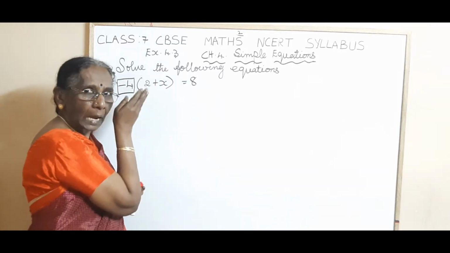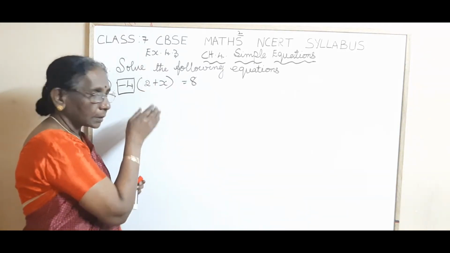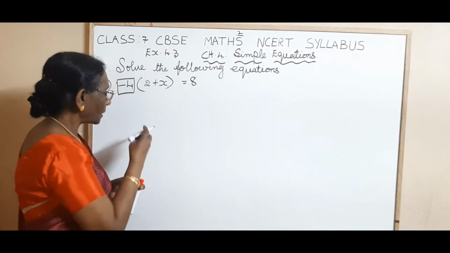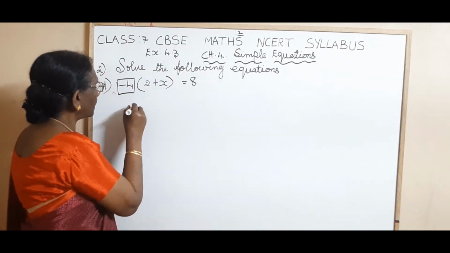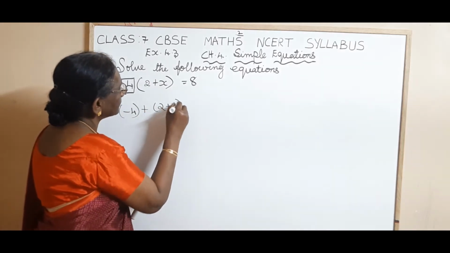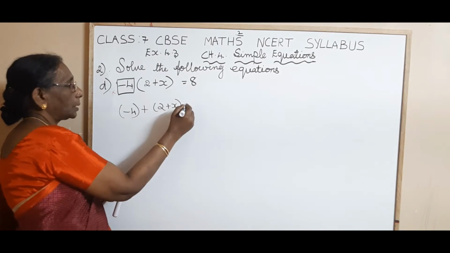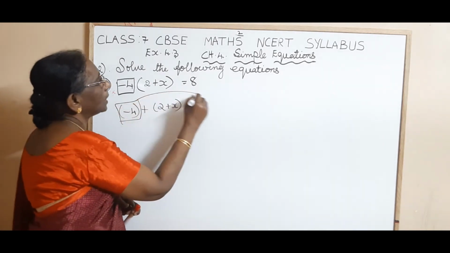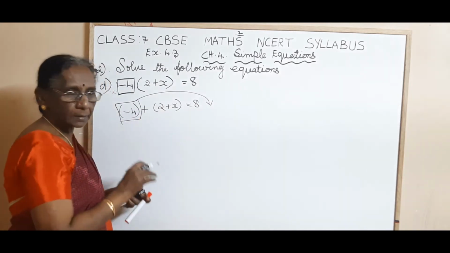When you are adding only, suppose you have this question as minus 4 plus 2 plus x, then when it is equal to 8, when you are transposing this from left to right, you have to change the sign.